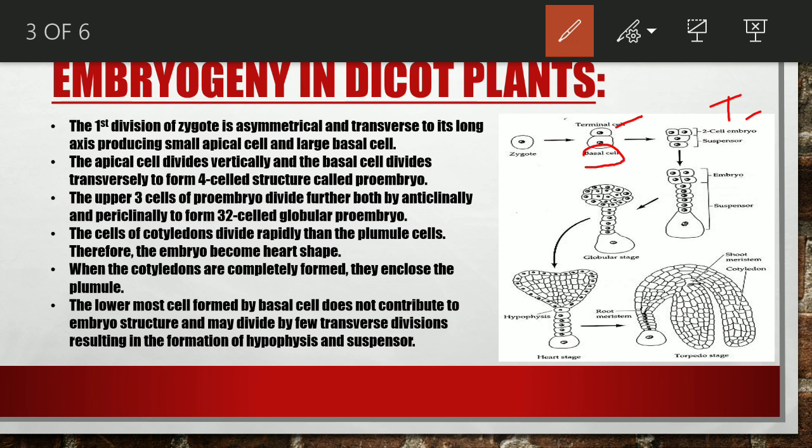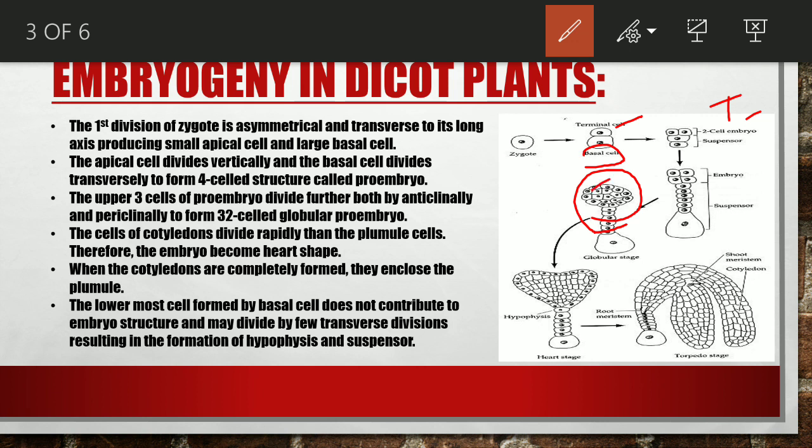The upper three cells of proembryo divide further by anticlinal and periclinal division to form 32-celled globular proembryo.